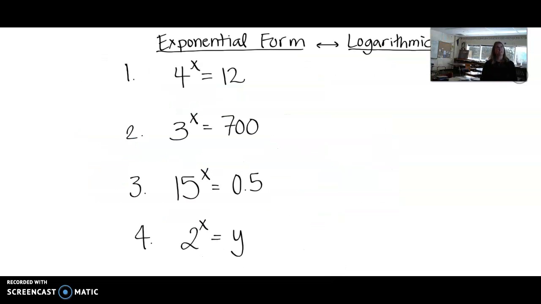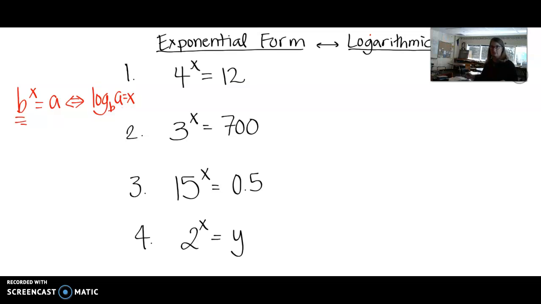All right, so try to rewrite these expressions that are in exponential form into logarithmic form, and then we're going to go the other direction. Recall b to the x equals a. If you have an exponential form, to rewrite it in logarithmic form, you write log of base b of a equals the exponent x.